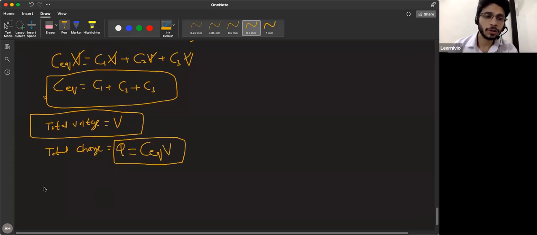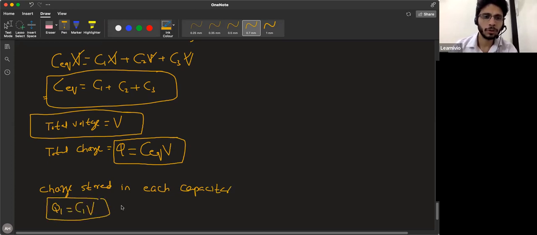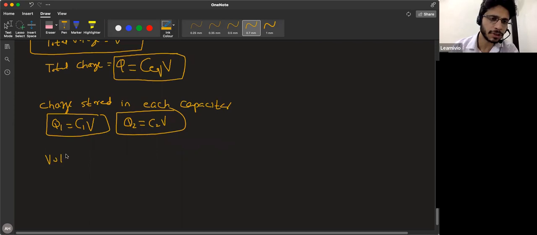After total charge, you can calculate charge stored in each capacitor. Q1 will be C1V, Q2 will be C2V. If you want voltage across each capacitor, then it will be same as that of voltage of battery.